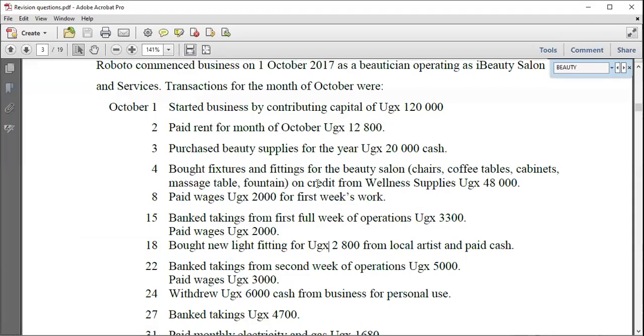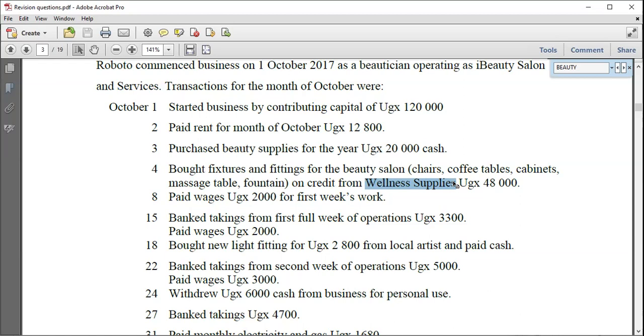For example, you see this? We bought fixtures and fittings from Wellness Supplies. You get it? Now, you can have a situation where you have two suppliers with similar names. You have Wellness Supplies, and then you have another supplier who is called Wellness Industries. You get it? So these are totally different companies.